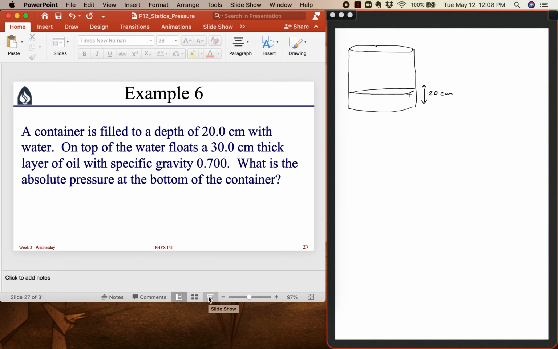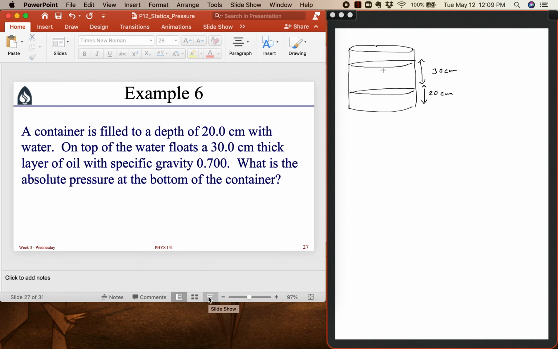Then on top of that is floating another fluid, which is the oil, and the oil is filled to a depth of 30 centimeters. And what we want to know is what is the pressure down here at the bottom of the water.